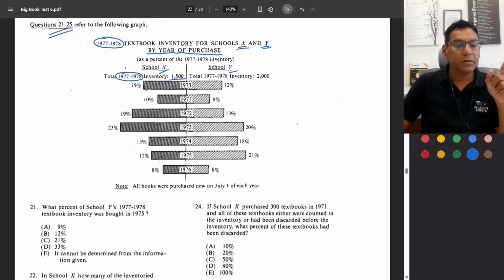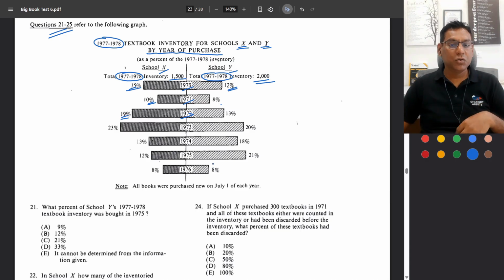Out of those, 15% were bought in 1970, 10% in 1971, 19% in 1972. Same thing for school Y: this particular year the inventory was 2000. Out of that, 12% was bought in 70, 8% in 71.